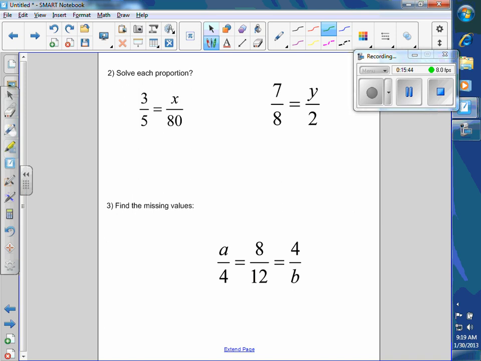You can stick it in a ratio table if you want to take steps. So she's going to put 3/5 into a ratio table.